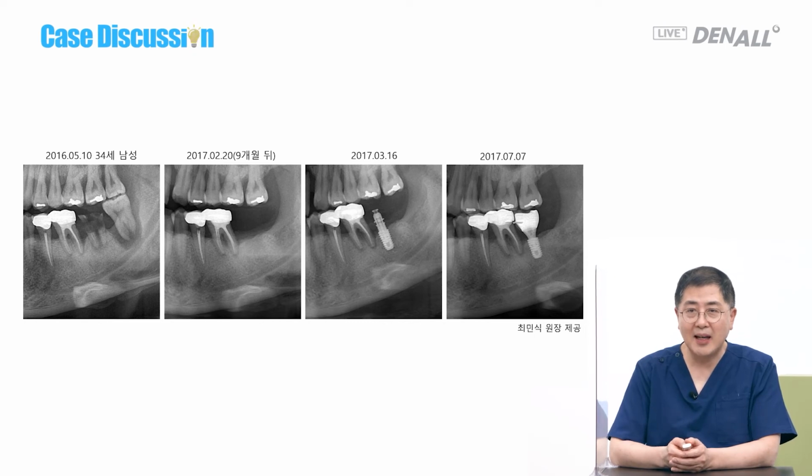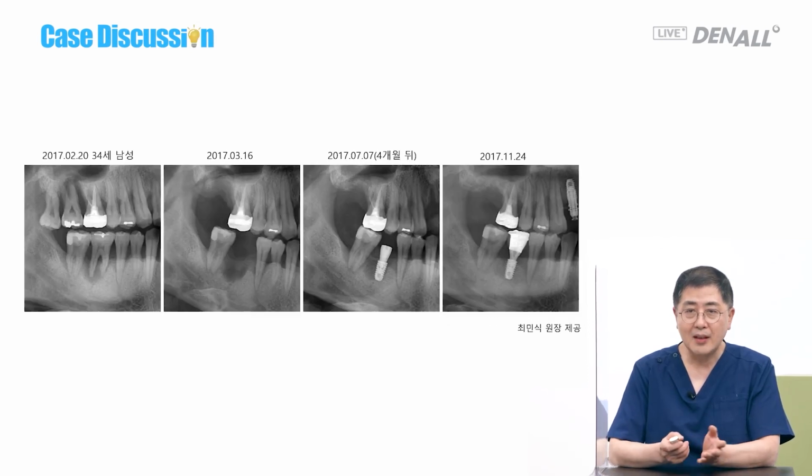Here, quadrant 3 teeth were extracted due to patient's situation. The patient came back in 9 months and bone was formed, so implant was easily placed. In 4 months, implant was placed in abundant bone.